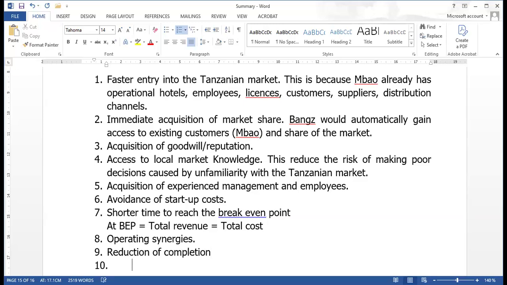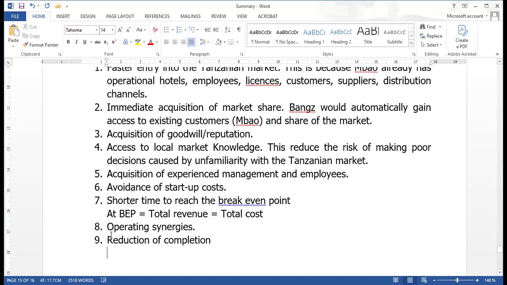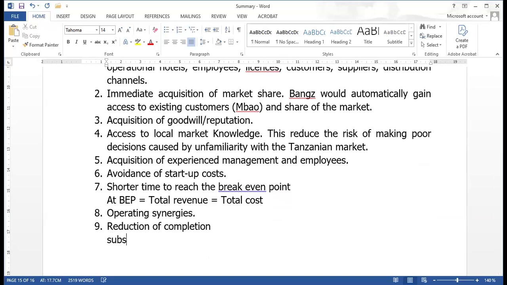Remember, if you establish your subsidiary, you are operating alone, and it means that Mbayo will also be in existence. Mbayo will be your competitor. You get that? So now you acquire Mbayo, your competitor. By acquiring Mbayo, you are reducing competition indirectly. That's what we are trying to do.